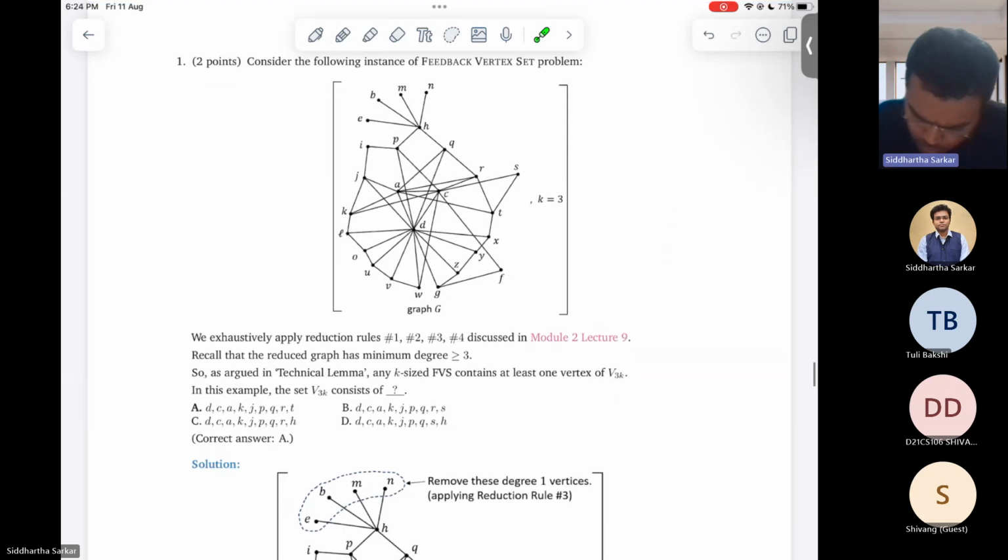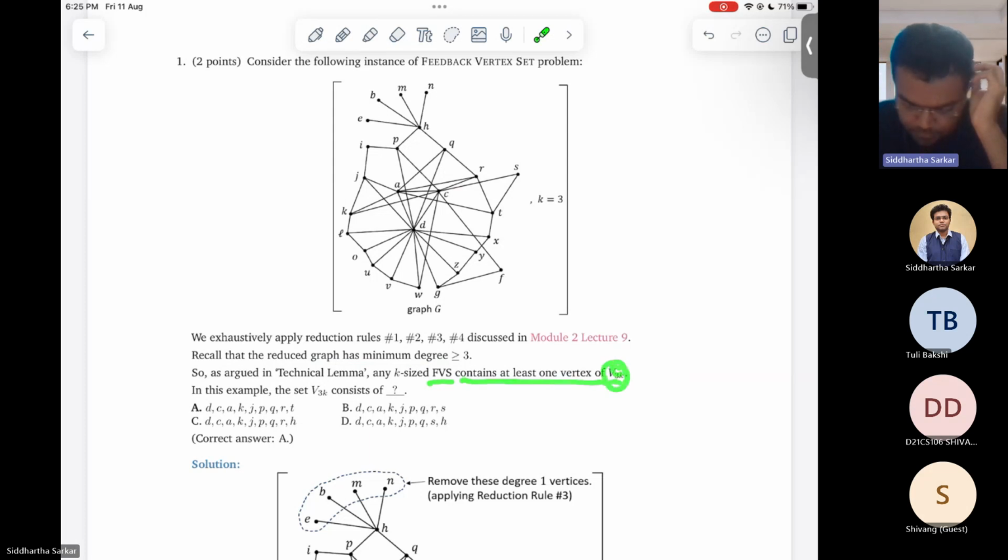So we exhaustively apply the 4 reduction rules that we have seen in the lecture. The reduced graph after applying these reduction rules has minimum degree at least 3. As argued in the technical lemma, any k-sized feedback vertex set contains at least one vertex of V3k.